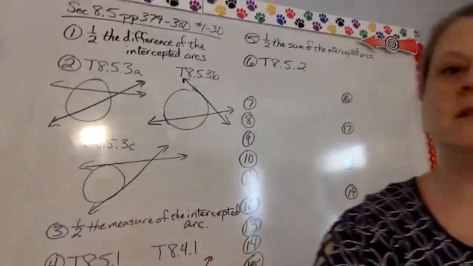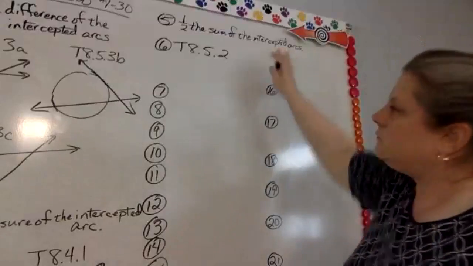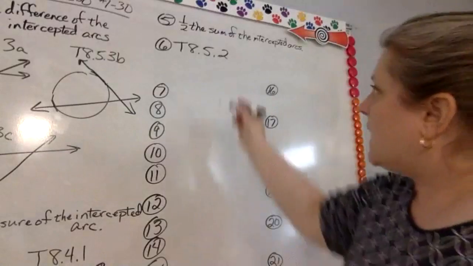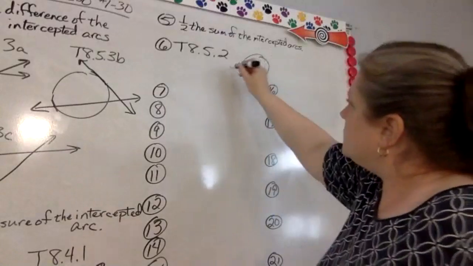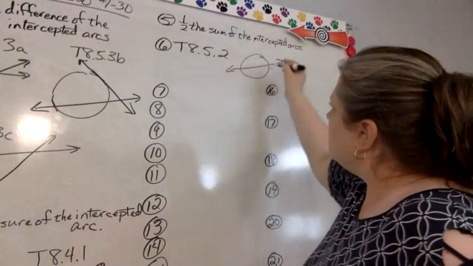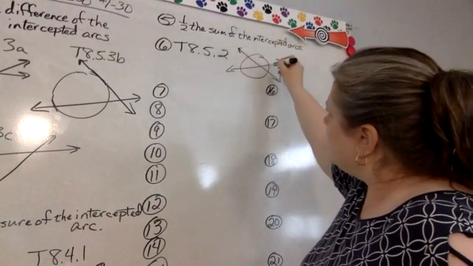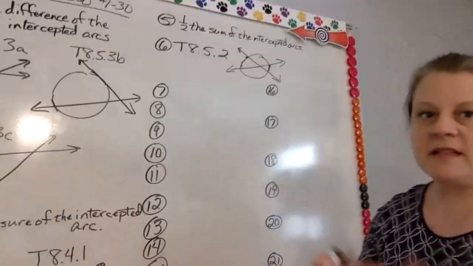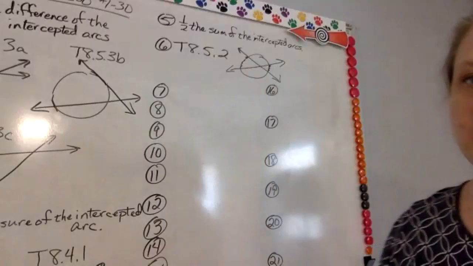Okay. And then again, it wants a picture. So that's when you have the circle and you have the two secants drawn, but they intercept inside the circle. So you have the two arcs that it's intercepted here that you would add together and divide by 2 to find the measure of one of those angles. Okay.